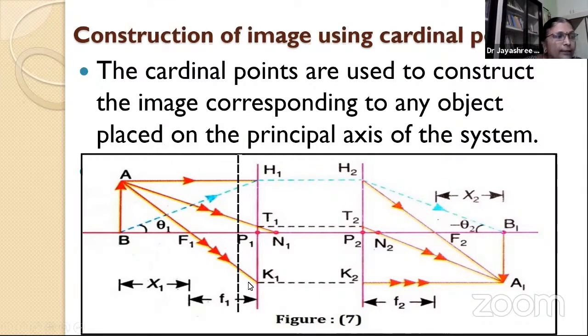What is the second ray? Suppose the second ray is AF1K1.